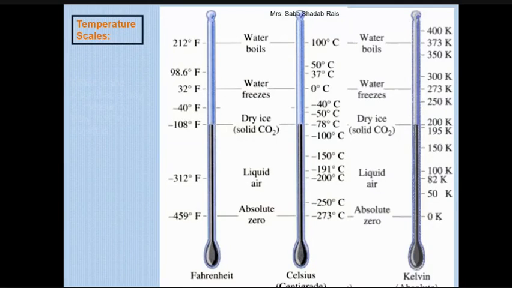So let us revise once again, one after another. I have kept Celsius in the middle because it is the reference point for us, and it is the most widely used scale. So what did we learn about the Celsius scale? It is the most commonly used temperature scale, and it is very simple to understand. It is abbreviated as degree Celsius.